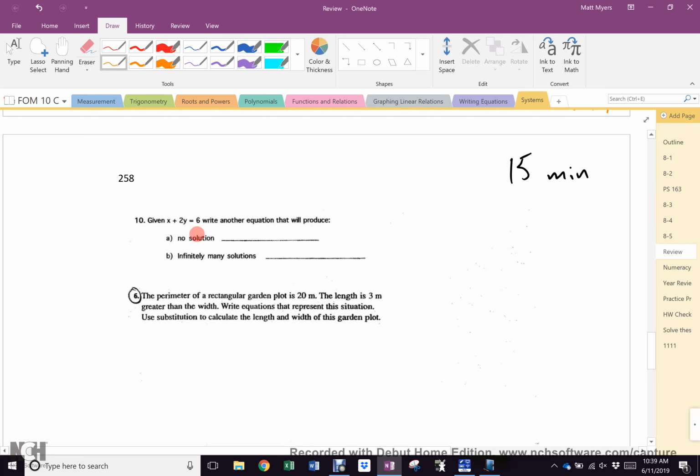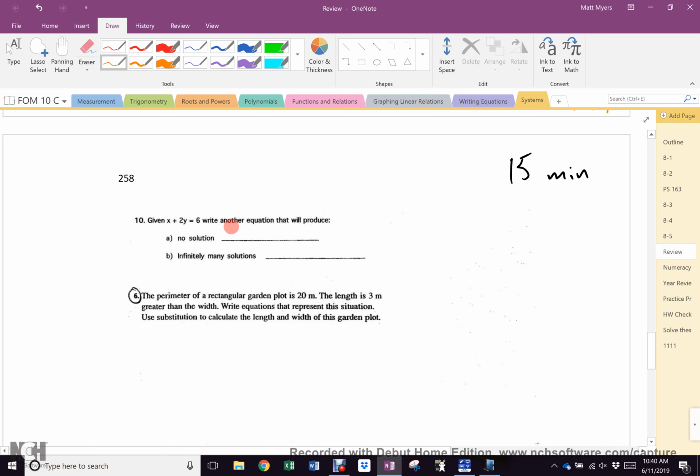So, if there is no solution, then what's the only thing that's different? If there is no solution, the y-intercept is different, right? Which of these three numbers will eventually give me the y-intercept? The x, the y, or the 6? The 6.